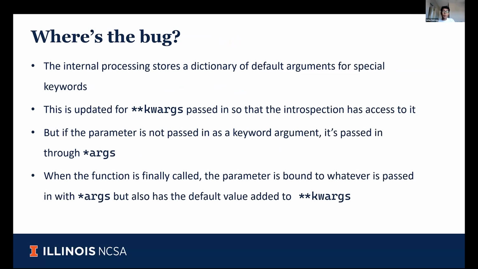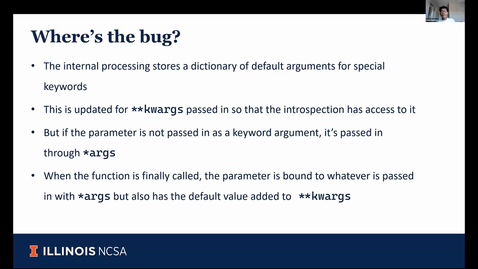But then where's the actual bug? It happens because the internal processing to support these default values stores a dictionary of the default arguments for these special keywords. This is updated in keyword args, and keyword args is passed into the data flow kernel so that it has access to it.